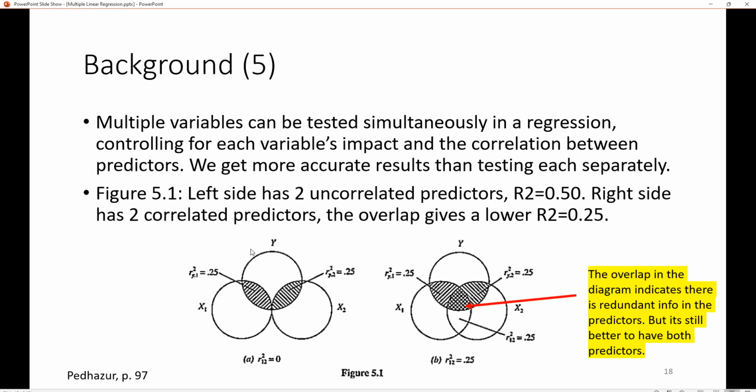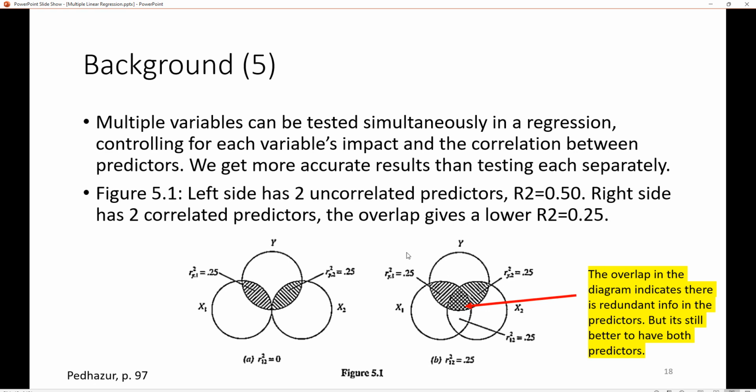On the top circle is your outcome. So when we have two uncorrelated predictors, we see that their r-square in each is 0.25. So that added together gives us an r-square of 0.50 because they're uncorrelated.